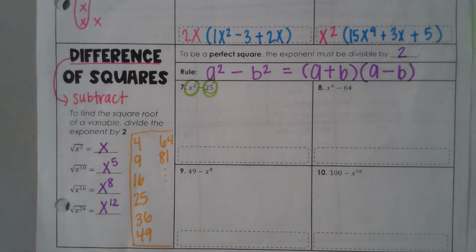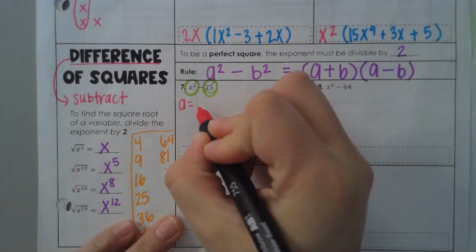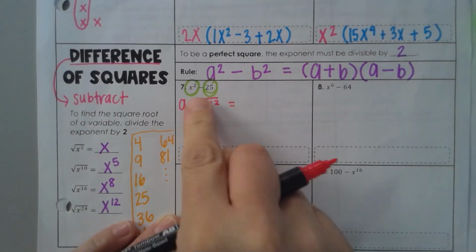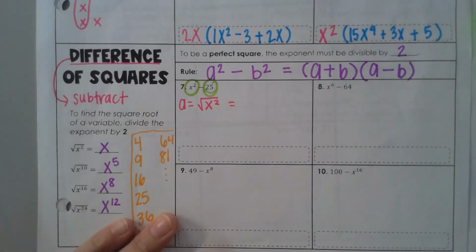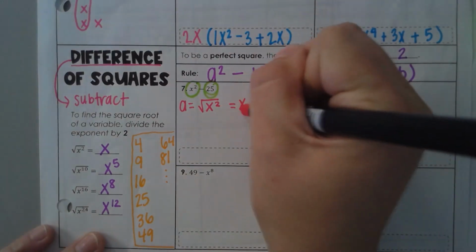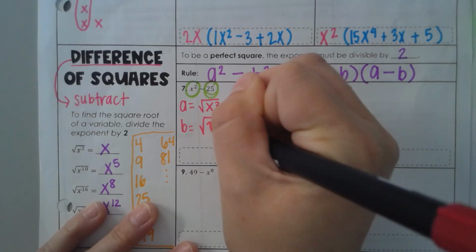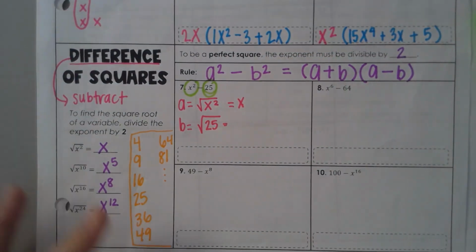So my a, I'm going to do the square root of x squared. So you do the square root of the first thing. And what is the square root of x squared? X. Good. My b, I'm going to do the square root of 25. Just ignore the minus. Don't bring the minus down.